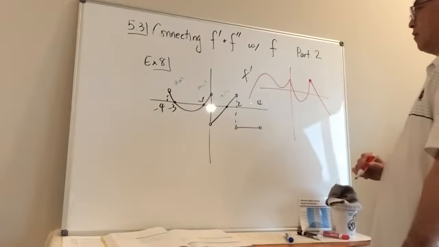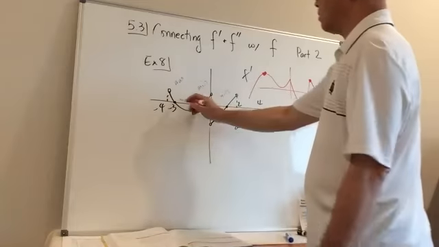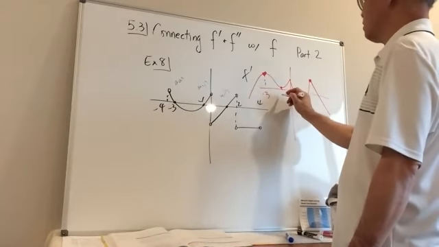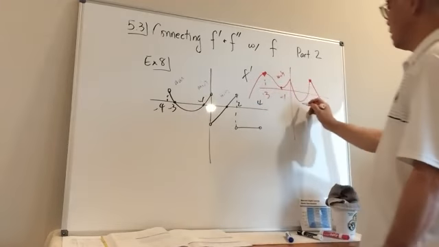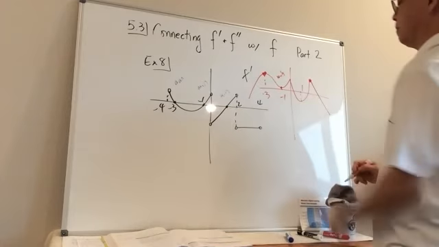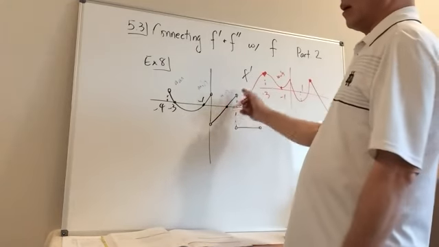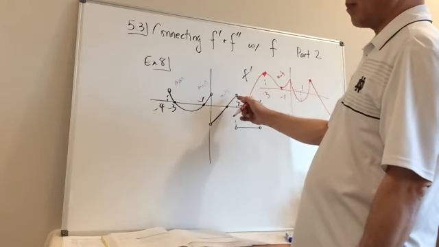Okay, all right, because I have a local max here at -3. I'm going to have a local min here at -1. Okay, that's the min there. Again, I'm going to have a min here at 1, right? But since the derivative is linear here, which means that the original function is going to be a parabola, right?